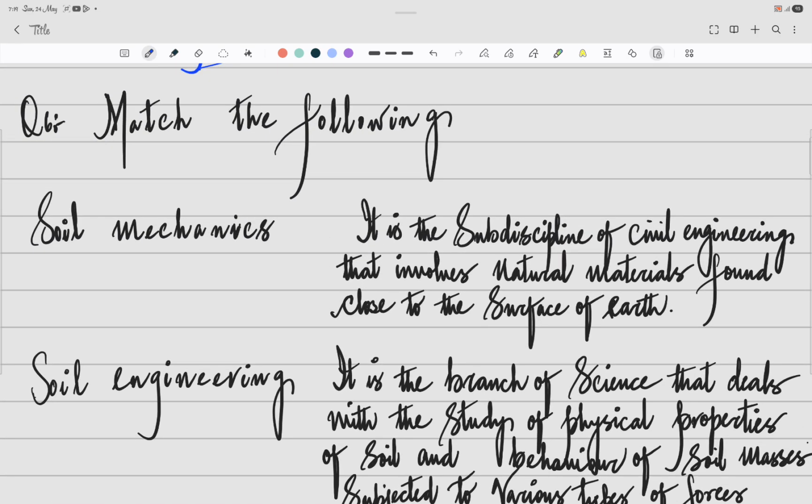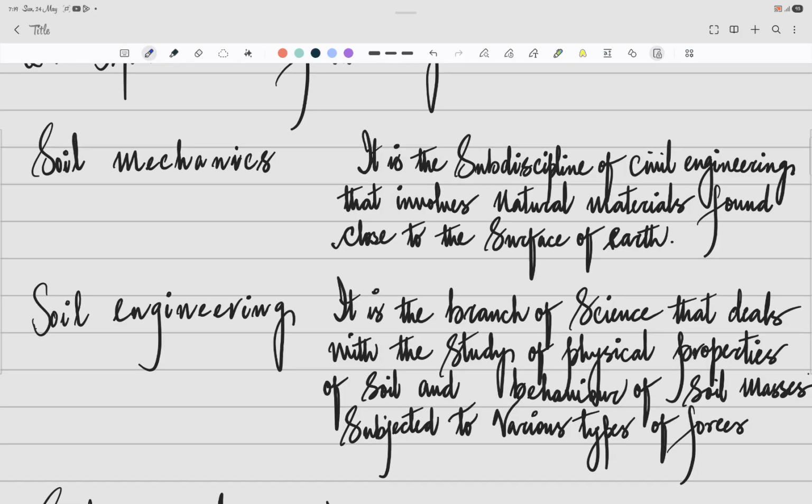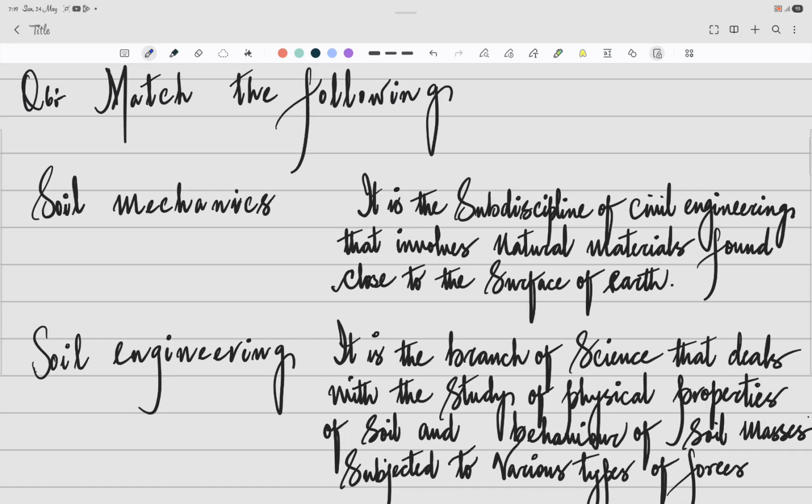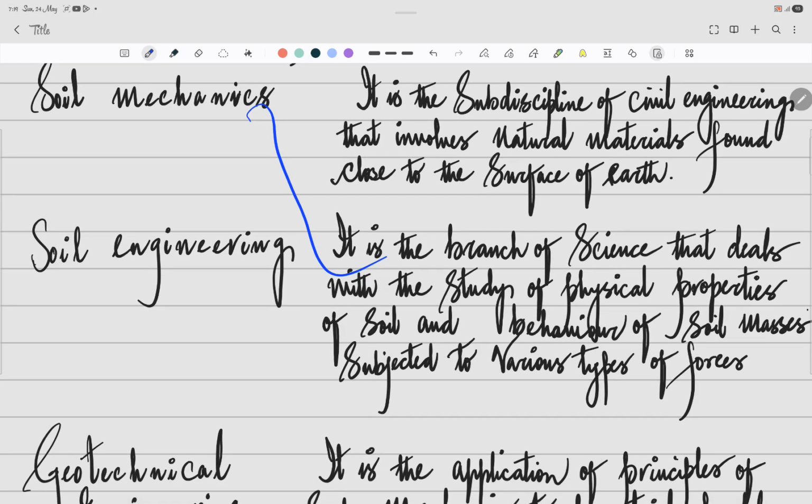So soil mechanics, as already discussed, is the branch of science that deals with the study of physical properties of soil and the behavior of soil masses subjected to various types of forces. This is the definition of soil mechanics.